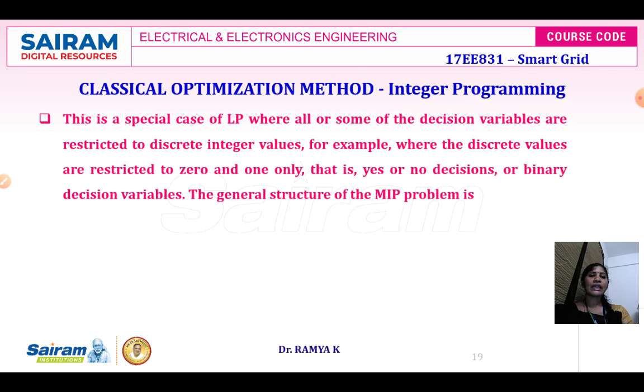Next, we'll go for the integer programming model. So far, we have seen the linear programming method and the nonlinear programming method. In the linear programming method, we develop the objective function based on linear constraints, whereas in the nonlinear programming method, we develop the objective function based on nonlinear constraints.